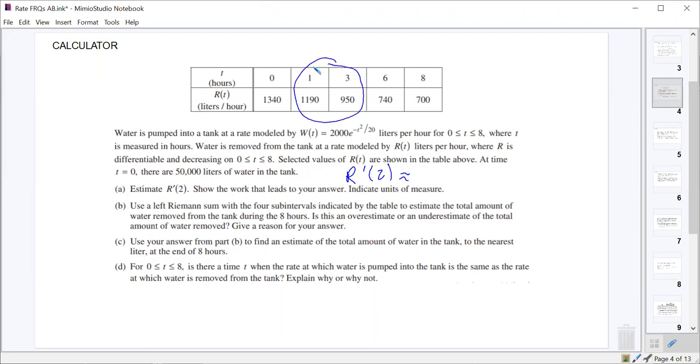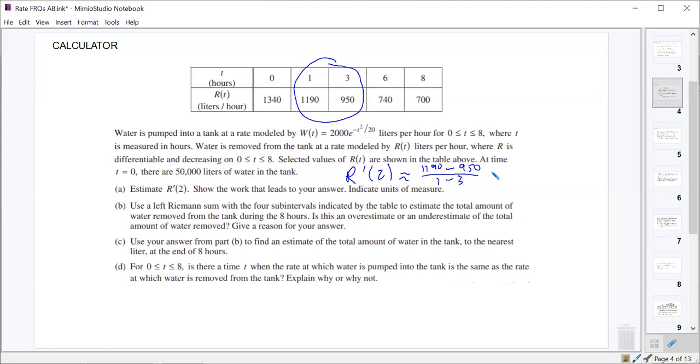That's the change in the function's value, 1190 minus 950, over the change in time, 1 minus 3. Just a slope, y2 minus y1 over x2 minus x1. I did 1s minus 2s, but it's the same thing.